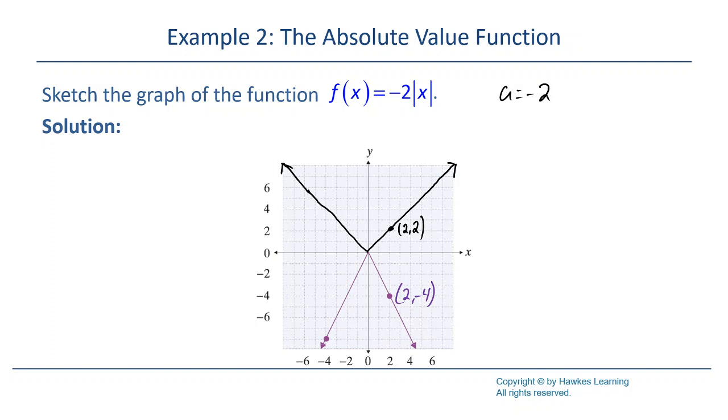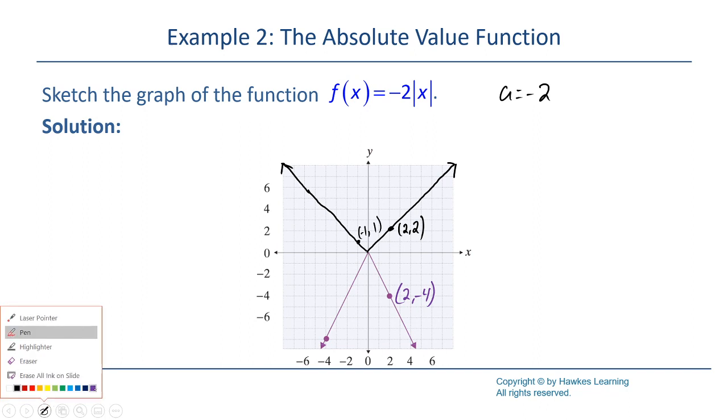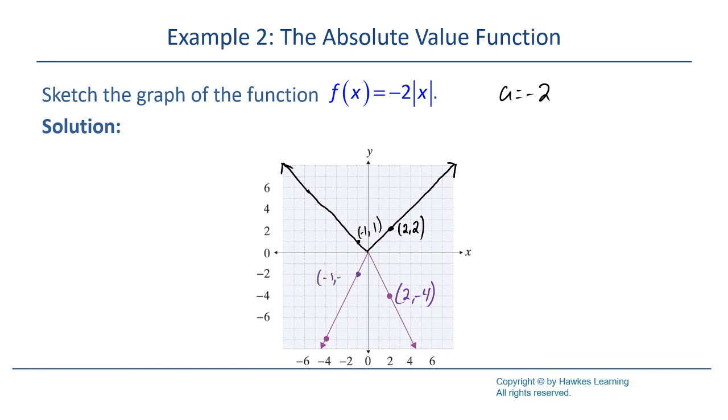If I give you -1, let's come over here. If I'm here at the point -1, 1, well, since the function that we're graphing is -2 times the absolute value of x, -2 times the absolute value of -1 is -2 times 1, which puts me down here at -1, -2.